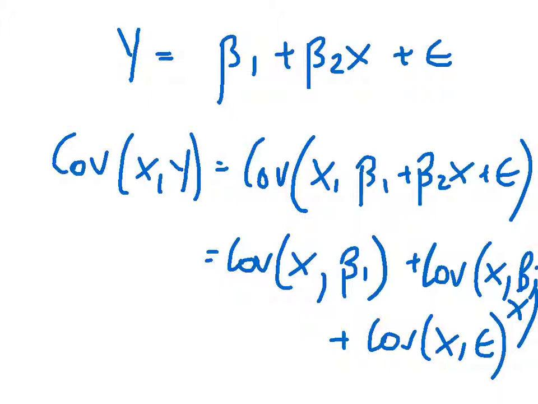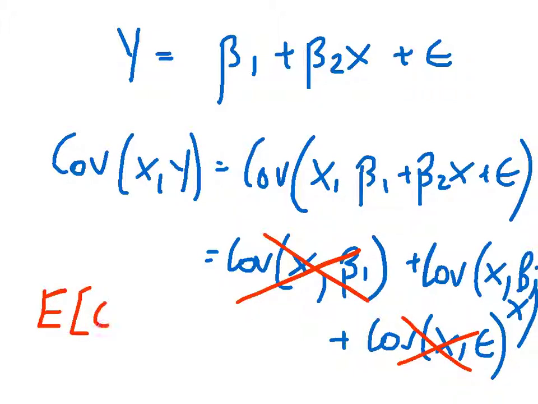Now, very simply, without any trouble at all, the covariance of a random variable with a constant is 0, so we can remove this, and because of our assumptions, the covariance of x and epsilon collapses to the expectation of x epsilon, and again because of our assumptions this collapses also to 0, so we can remove that term from our model.